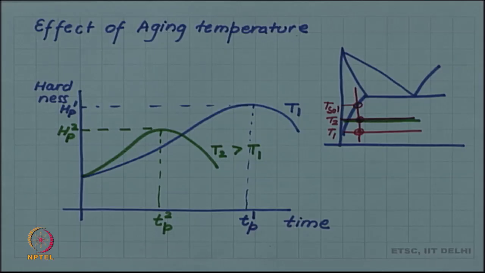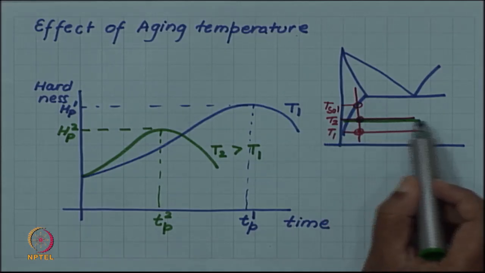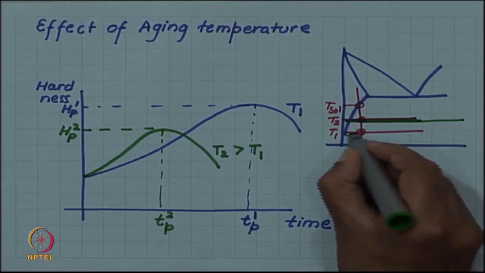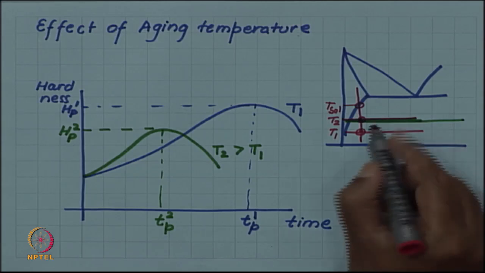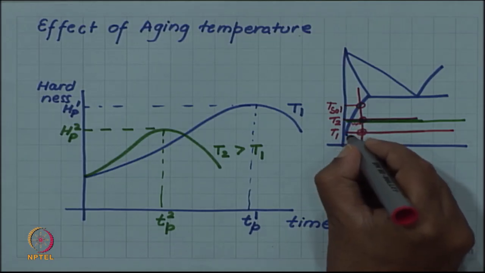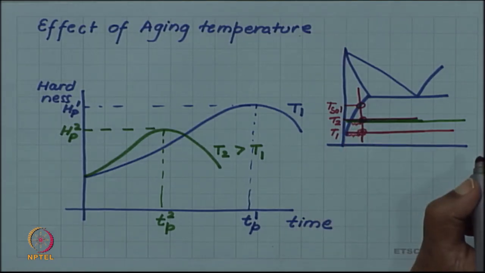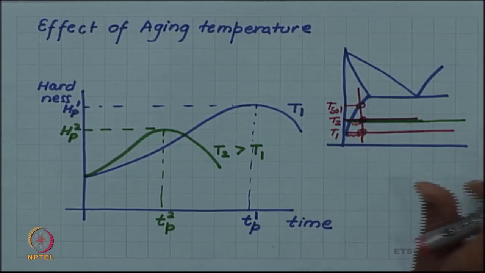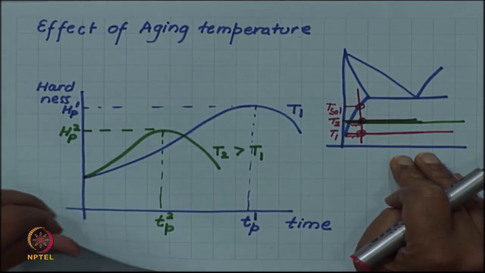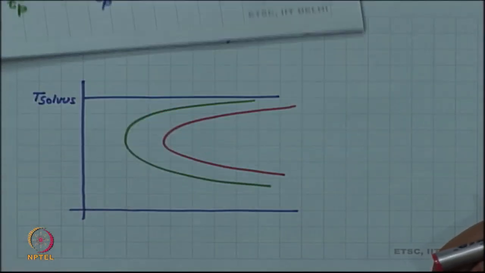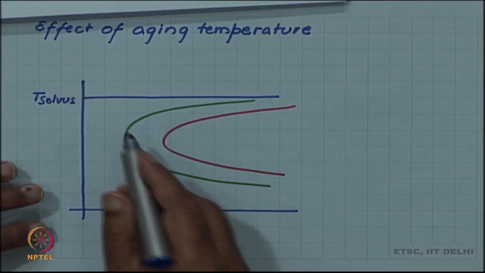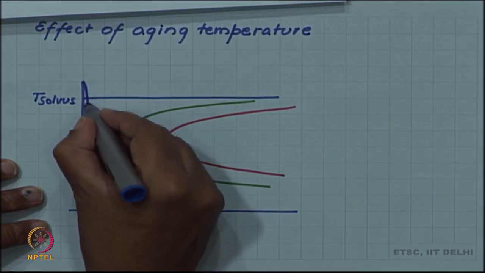First of all, you can see that at the higher aging temperature, in the same two phase field, if I draw two tie lines, at higher temperature you have a smaller amount of precipitate forming. So, the total amount of precipitate will reduce, but more importantly the answer comes from again the TTT diagram, because if you look at the phase diagram, look at the TTT diagram.